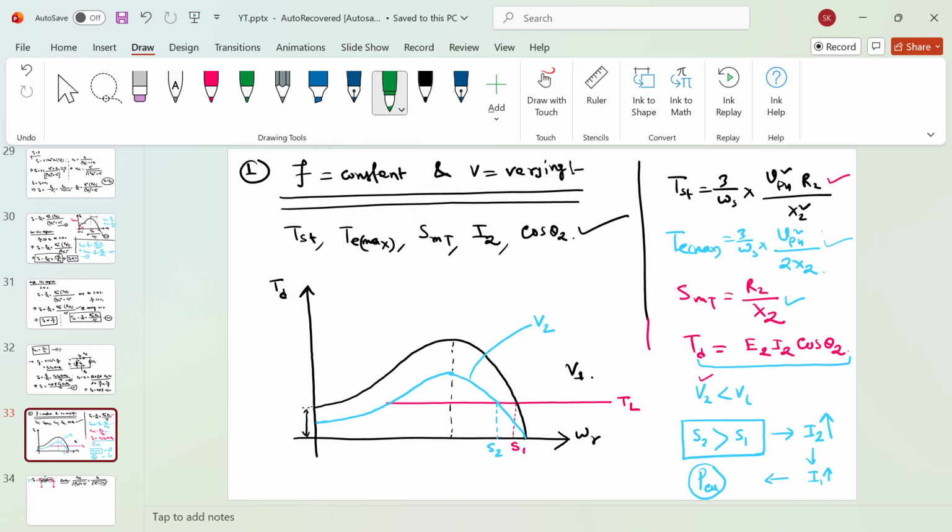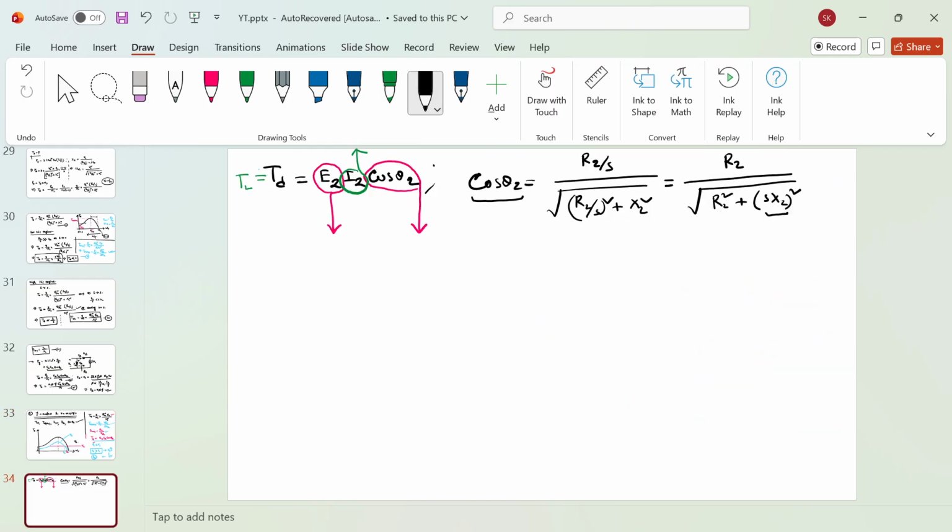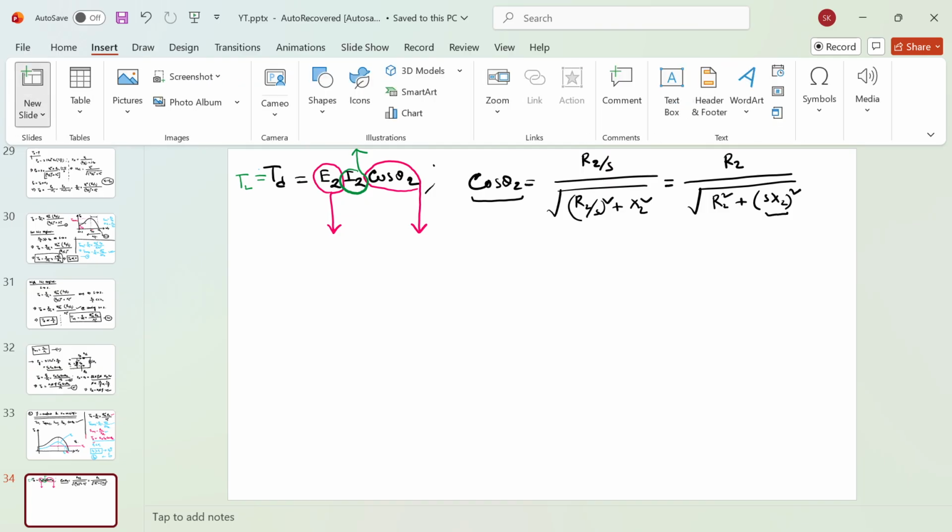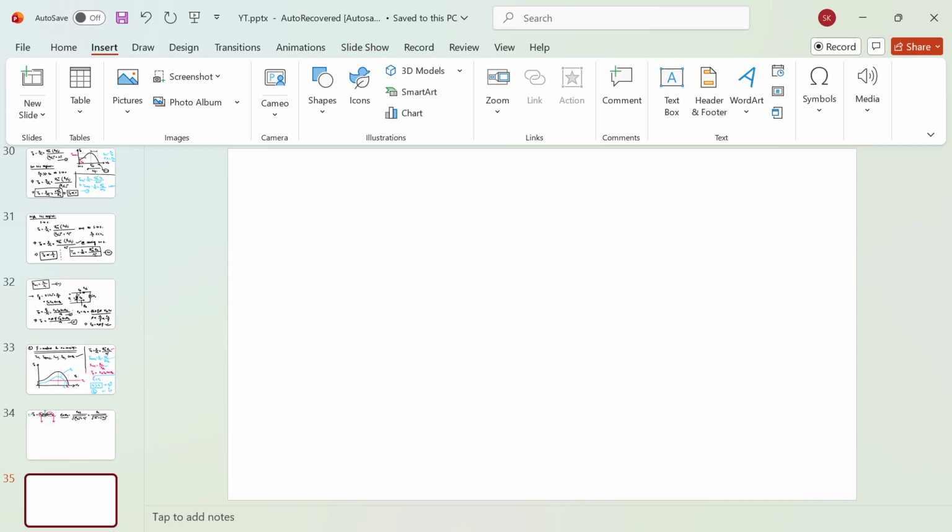Now let me take another scenario. Maybe I can add one more slide. Here we will discuss case number 2. Your frequency is varying and voltage is constant.